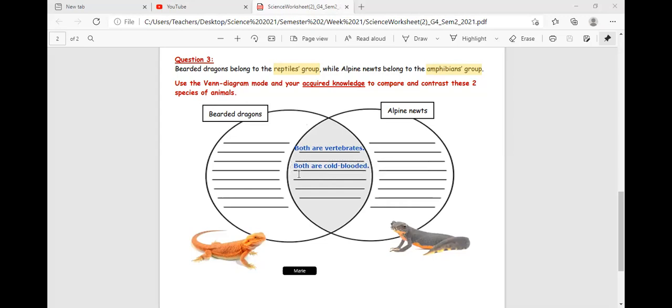What else? What can we say about these two animals? Both are oviparous. Both lay eggs. Excellent.